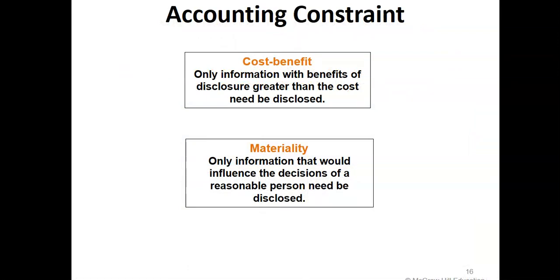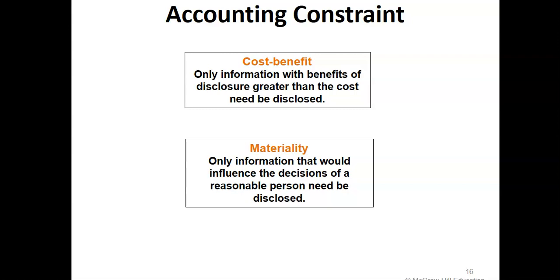Accounting constraints, we have cost benefit and materiality. These two constraints go together. The cost benefit constraint says that we need to weigh the cost benefit when we look at how much information we're going to disclose.